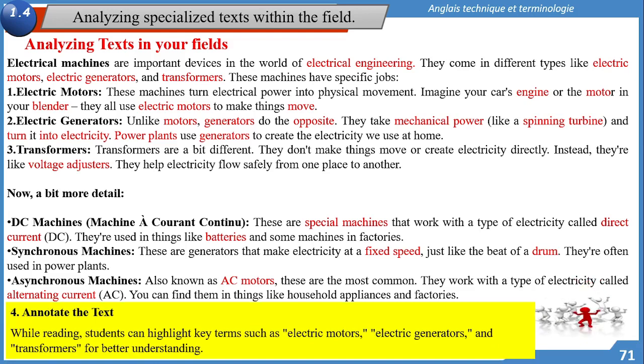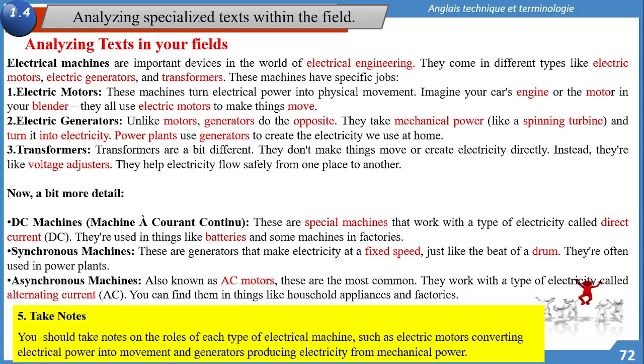So take notes. When you take notes, for example, as you read, mark important words like electric motors, electric generators and transformers to help you remember them better. Okay. For taking notes, write down what each type of electrical machine does.